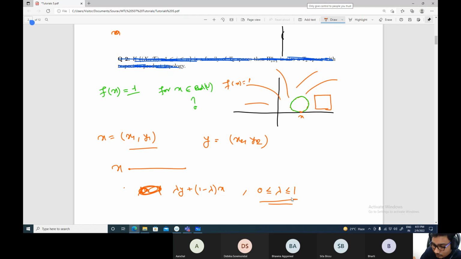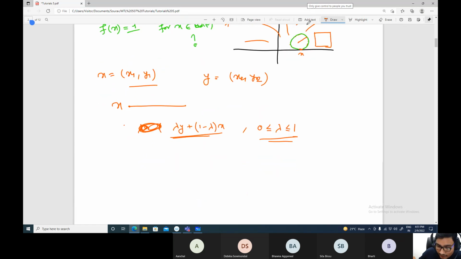This is the line, right? So if this is your x, this is your y, any point in the line will have this form. Now you define a function: a typical point, say alpha in the line, alpha belongs to U, you define f(alpha) to be lambda of f(y).